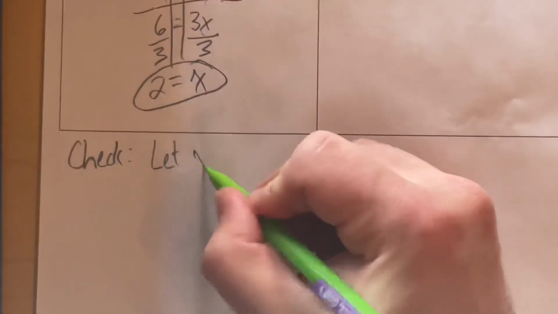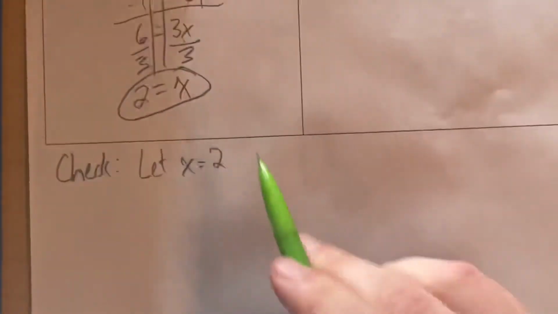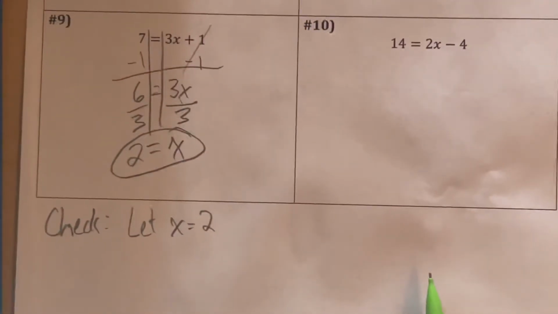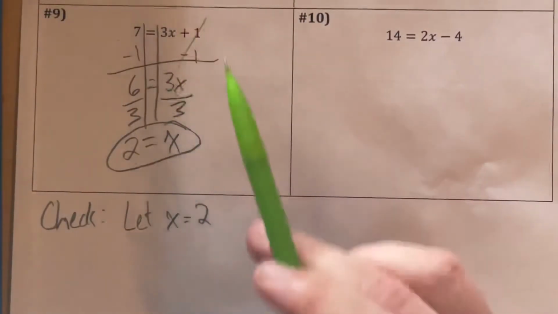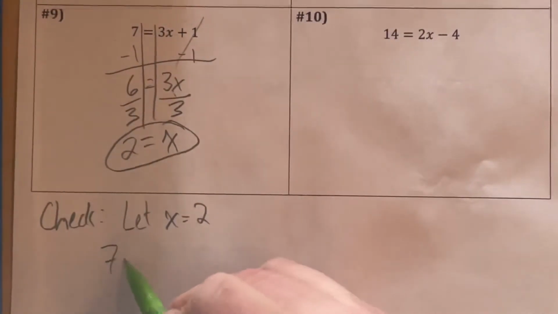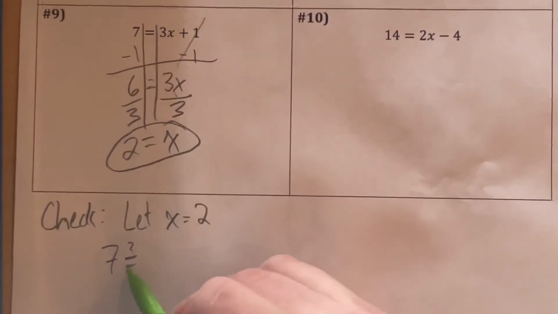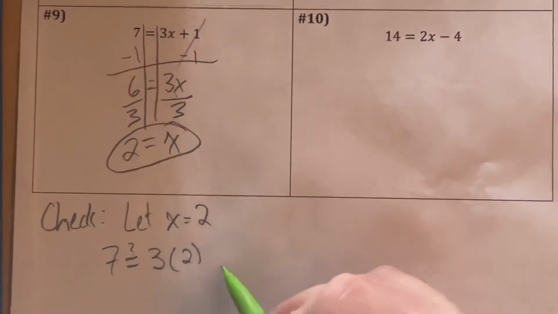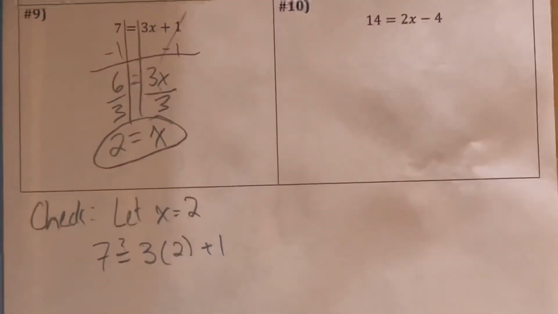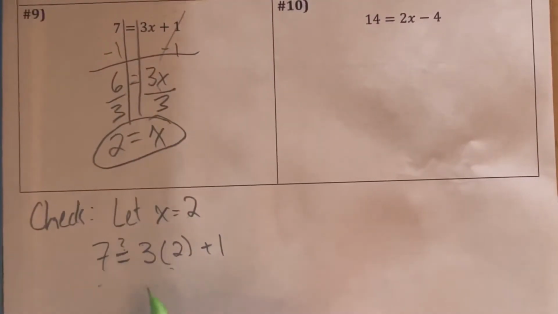So we're going to say check. In order to do that, I let x equal 2, and I plug it back into my original equation. So I'm going to say, okay, wherever I have an x, I now have a 2. So I'm trying to figure out, is 7 equal to 3 times 2 plus 1? Again, you're just trying to simplify and make sure both sides are equal.